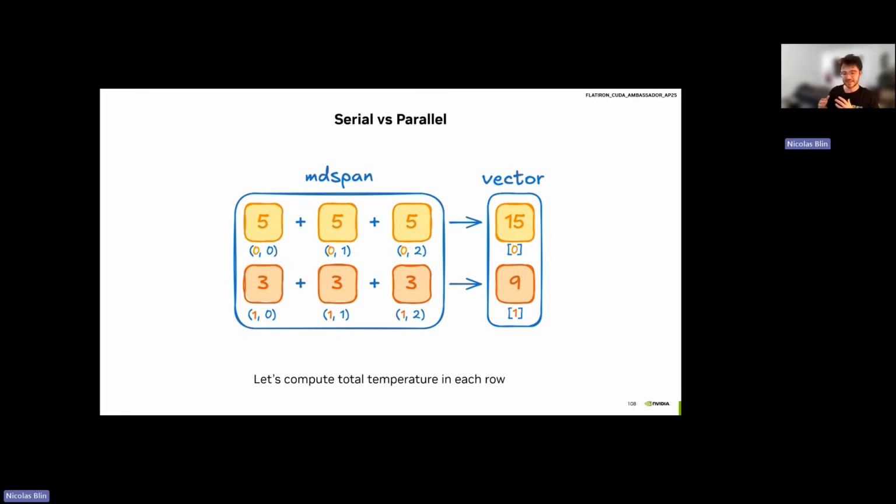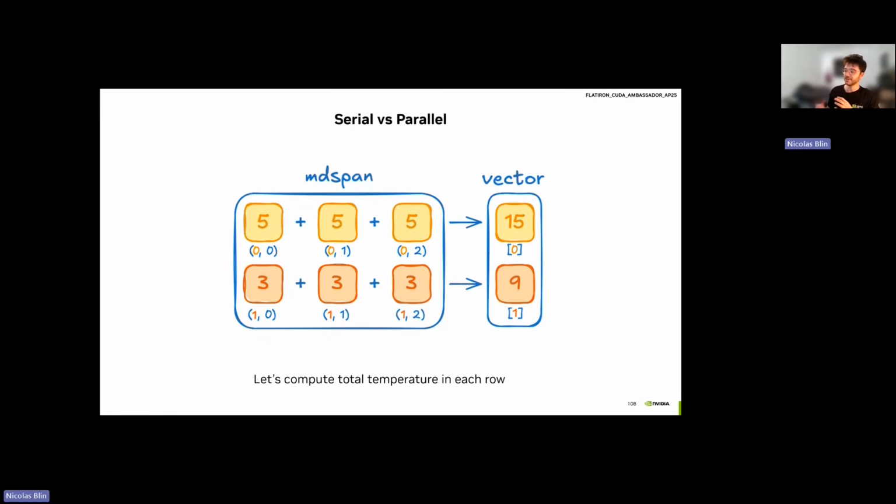To visualize what I mean, imagine we take each row of our 2D grid, add up the temperature of every cell in that row, and store the sum in a 1D vector. You can see here in the example on the slide, if we consider the temperature as a 2D matrix, on the top we have 5, 5, and 5.